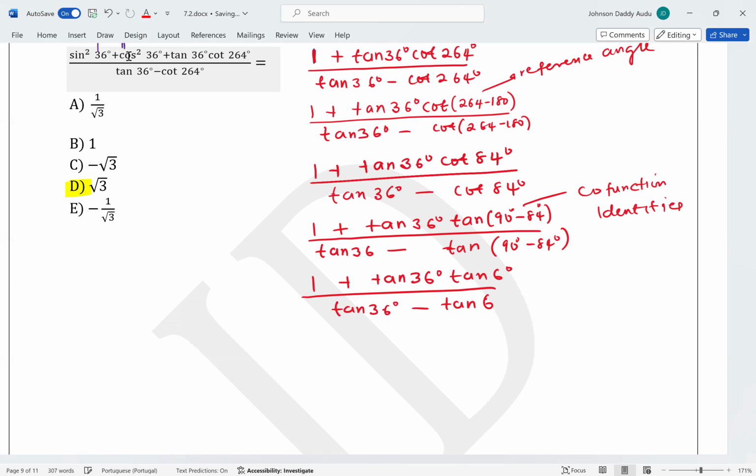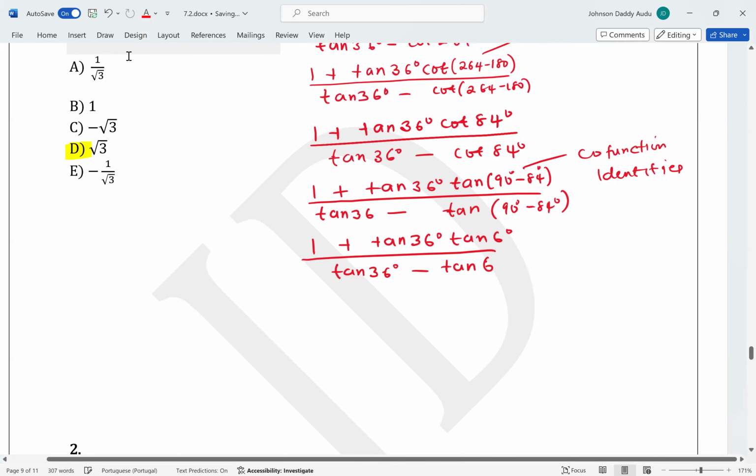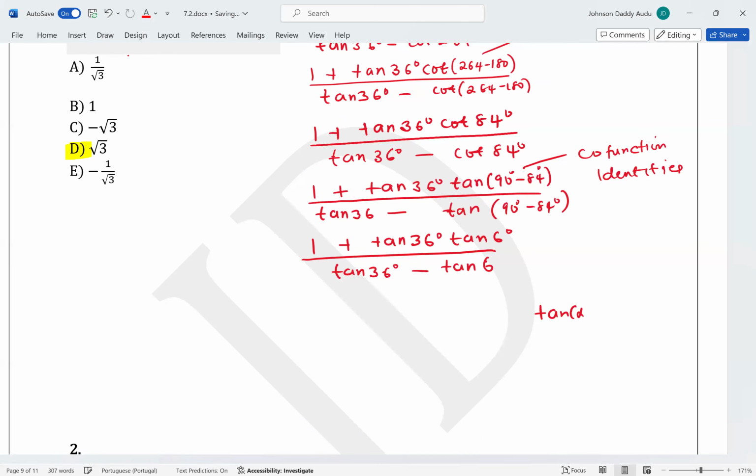So if you look at this carefully, this does not look exactly like what we know. Remember, what we know is that tan of alpha minus beta is tan alpha minus tan beta over 1 plus tan alpha tan beta.